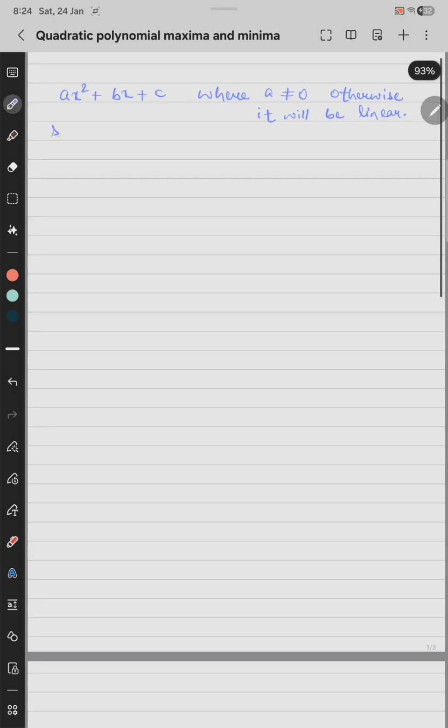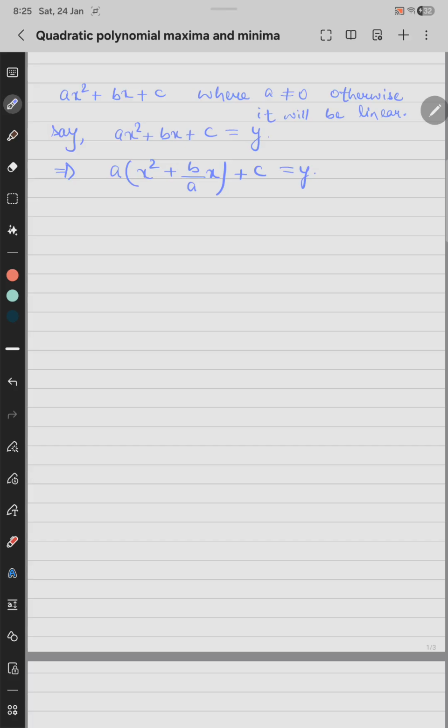Now let's say that ax square plus bx plus c is equal to any value which is y. What we are going to do is, this implies take a common, so we will be left with x square plus b by a x plus c by a is equal to y.